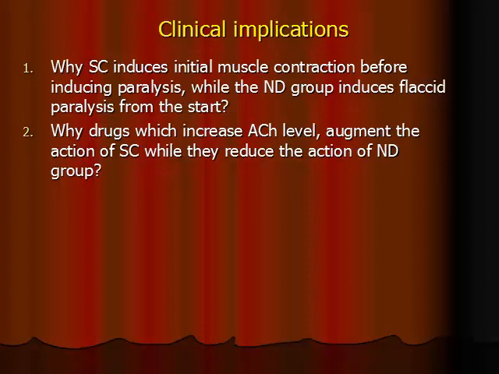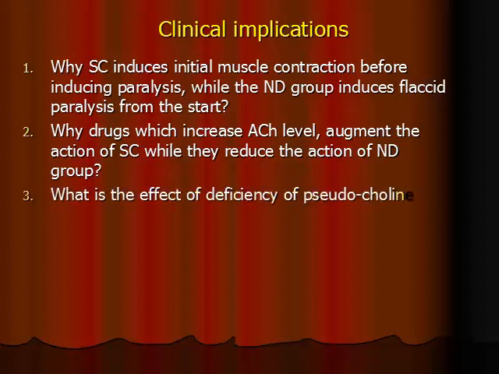The answer: acetylcholine induces depolarization, the same as succinylcholine during phase 1 of its action. However, the nondepolarizing group, as well as succinylcholine during phase 2 of its action, inhibit depolarization, and accordingly, the action is antagonized by acetylcholine.